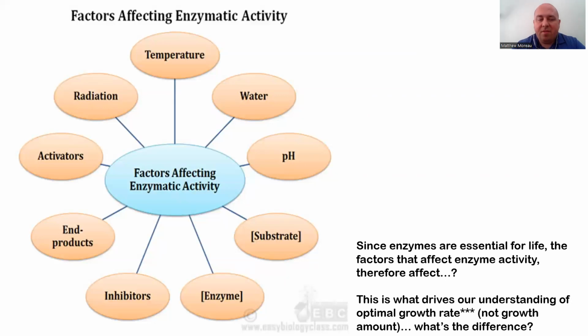So, as we mentioned before, enzymes really importantly are made in the environment that they are originally synthesized in. All the different conditions that an enzyme is created in, including temperature, water concentration, pH, right?